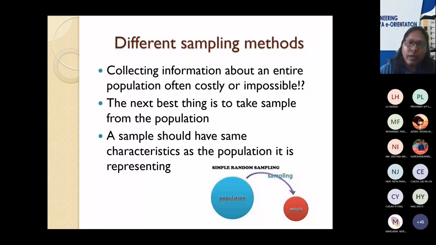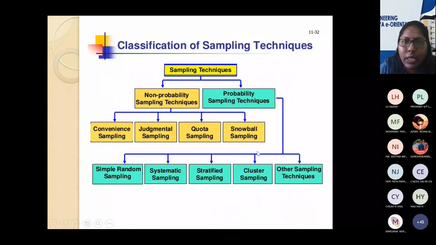Okay, so there are a few sampling methods that I have listed here for different applications. The sampling techniques can be probability sampling techniques or non-probability. Probability means you want a better representation of a certain idea.